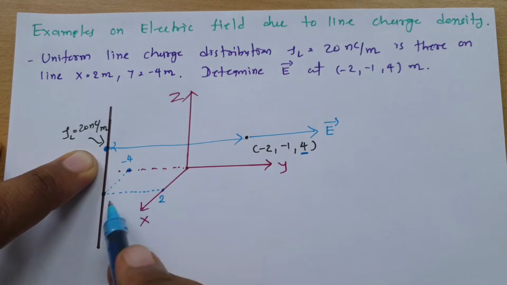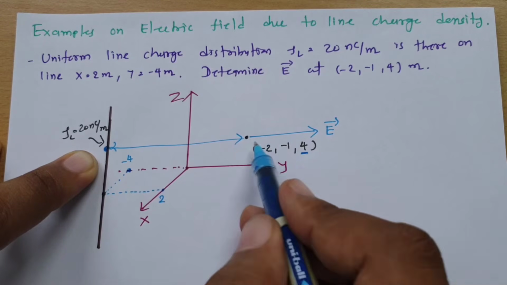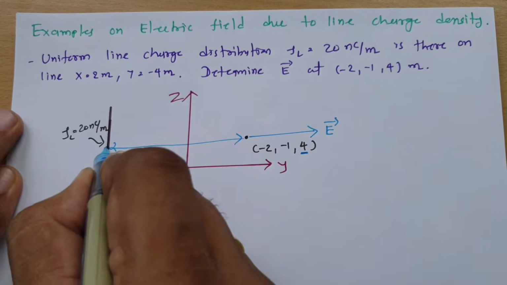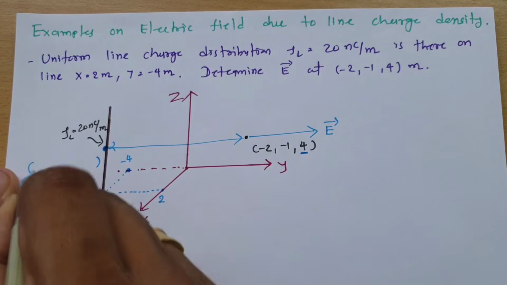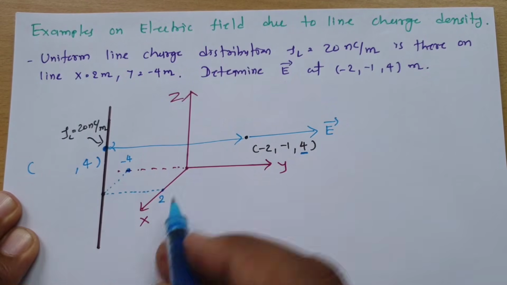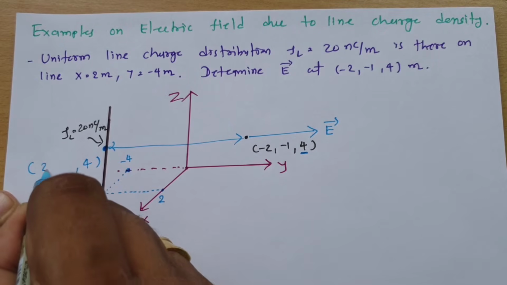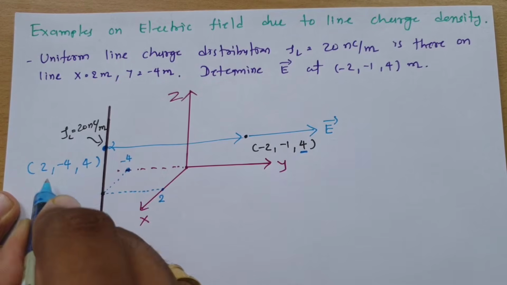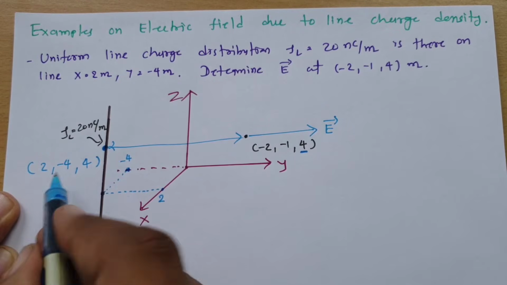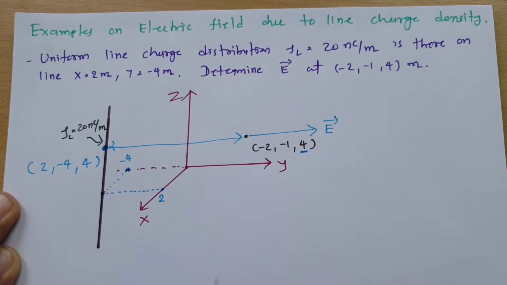X and y are the same, but z is varying, so the z coordinate is the same as this point. So when you write the coordinate of this point, it will have the same z coordinate. X and y we know, x is 2 and y is minus 4. So this point's coordinate is this. Now based on these 2 points, we can say what the direction of this electric field is, right?